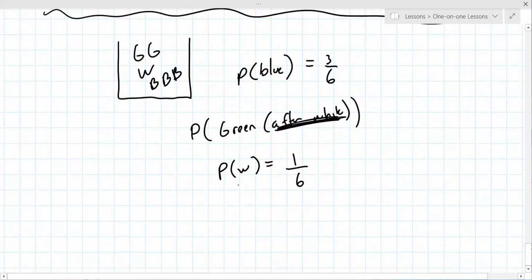So we're trying to work through it. After you get a white one, how many green are there? Well, there's still 2. There's 2, but how many total are there? Well, 5, I guess. 5, because it's literally pulled out.